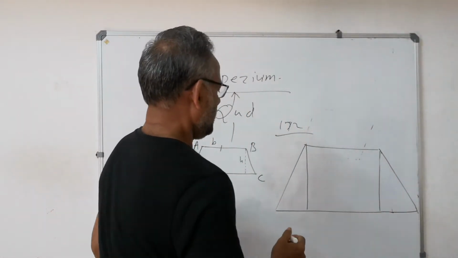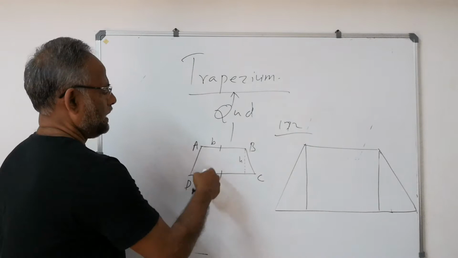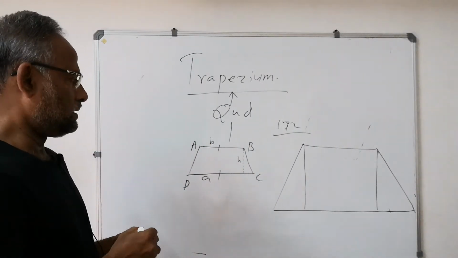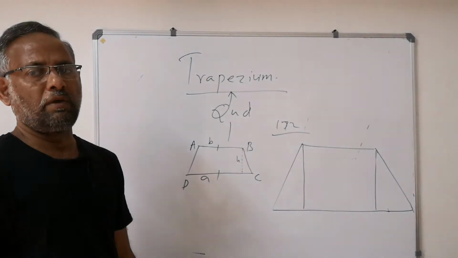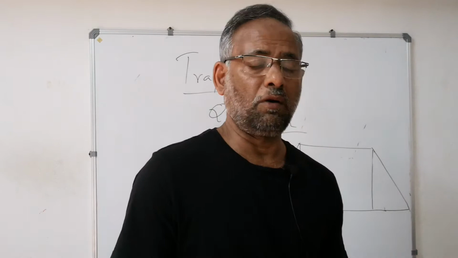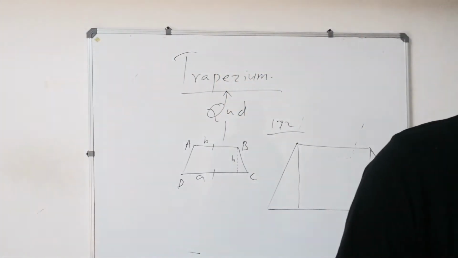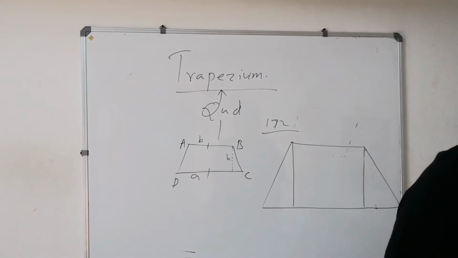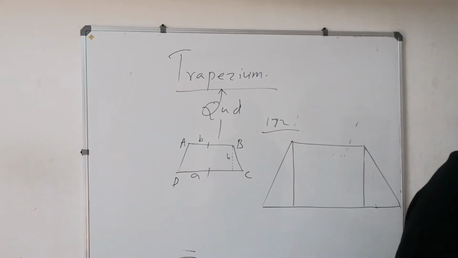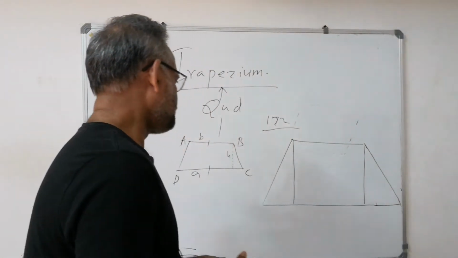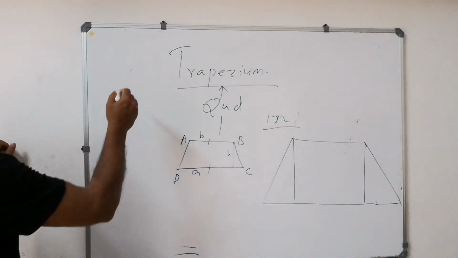This is A and this is B and this is H. By using these three things, we are telling the formula for finding the area of a trapezium. That means height into sum of parallel sides divided by 2. That I can say is the area of a trapezium.